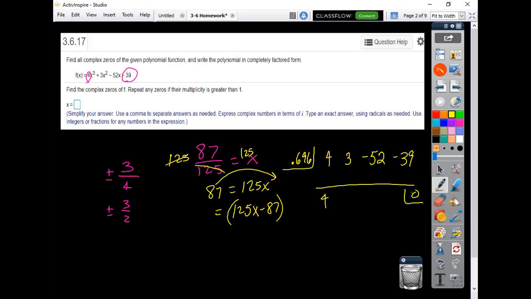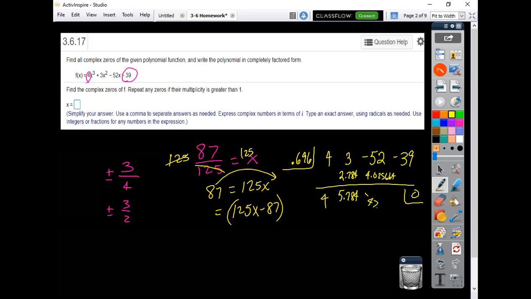Otherwise, I must have made a mistake when I typed it in Desmos or something. So the 0.696, I'm on a calculator here, times my 4, that gives me 2.784. And then I add my 3 onto that, so I got 5.784, times again the 0.696, and that's 4.025664, and then add that to the negative 52, and that gives me negative 47.974336.